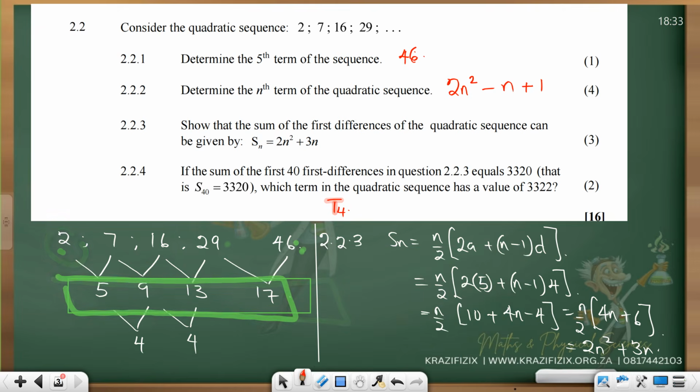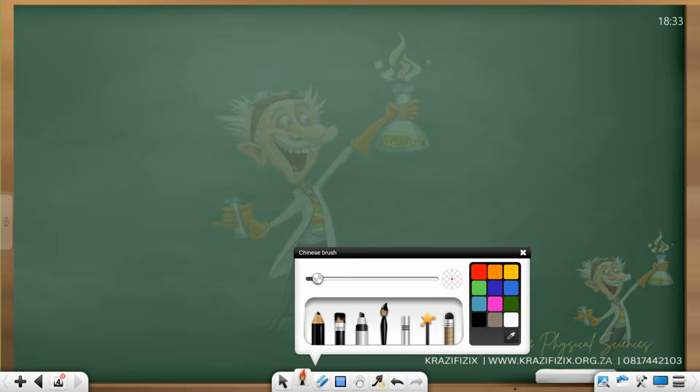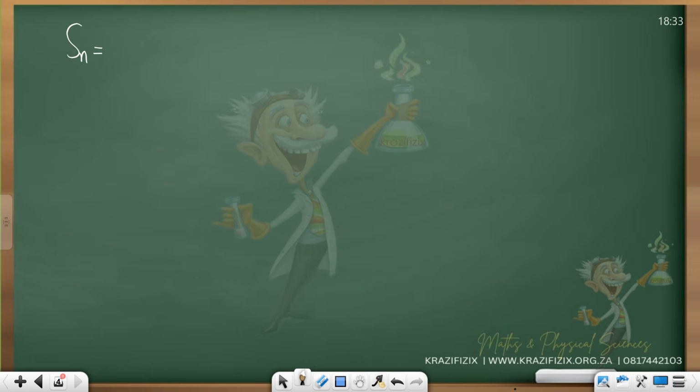There's no calculation needed. T41. What calculation am I going to do? Maybe the quadratic? No, you don't. Even if you want to do calculation, they told you what Sn is.